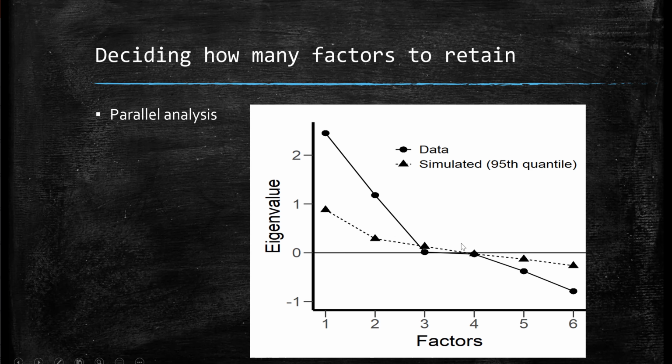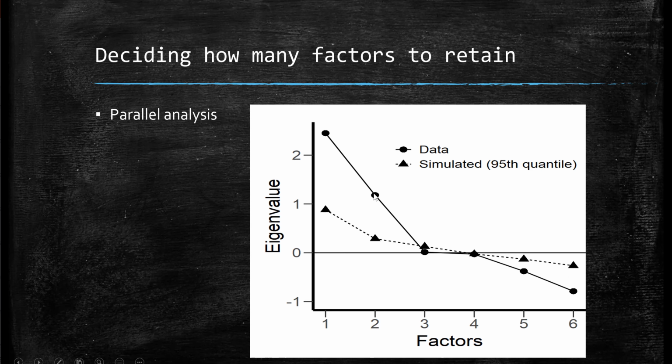So using this method, here with the triangles and the dashes, that's the simulated, randomly generated data. So obviously we don't want to retain any of the factors that are below that, because that's telling us that those factors are worse than the randomly generated garbage data.